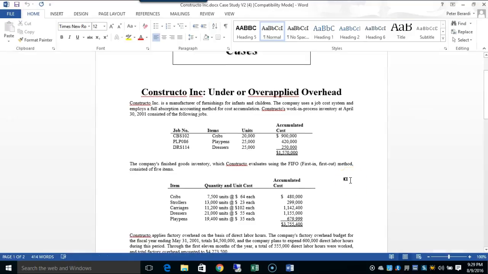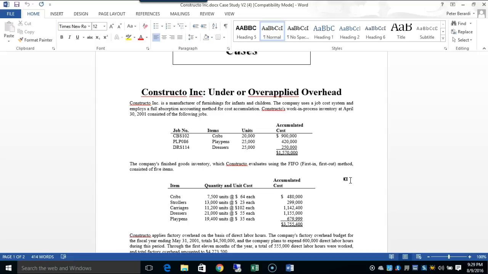So we have a manufacturing company that makes furnishings for infants and children. The company uses a job cost system and employs a full absorption accounting method for cost accumulation. So what does full absorption accounting mean? It's basically our statement of cost of goods manufactured.